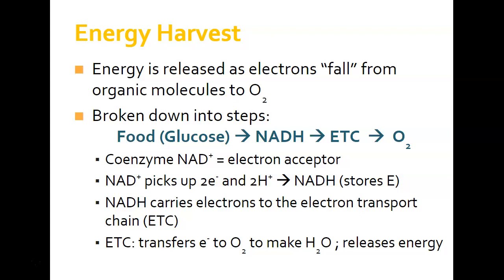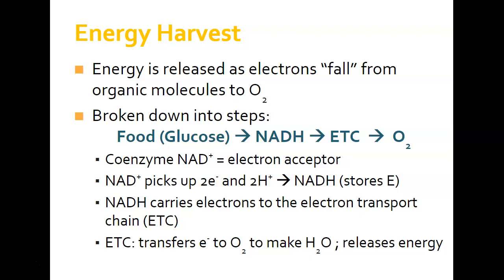And the cell can't really harvest all that energy in a quick fashion. So it drops it down slowly and can then harvest that given off electron energy. That's why it says the energy is released as it falls from organic molecules to the electron acceptor at the very, very bottom. In this case, oxygen is the final electron acceptor in cellular respiration.